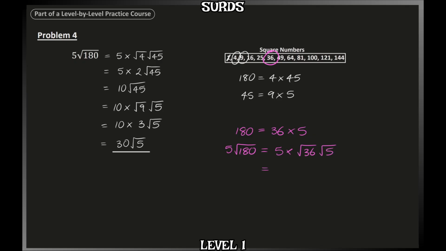And because the square root of 36 is 6, this becomes 5 times 6 root 5, and 5 times 6 is 30. So we get 30 root 5, which is what we got the first time, but this was slightly quicker. Having said that, it does require us to spot that 36 is a factor of 180, and that's quite a tricky thing to do. So the first method is still a really good way of doing this. That's the end of problem 4.